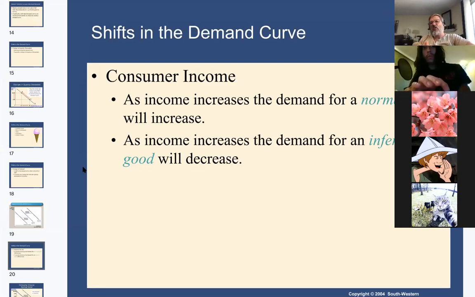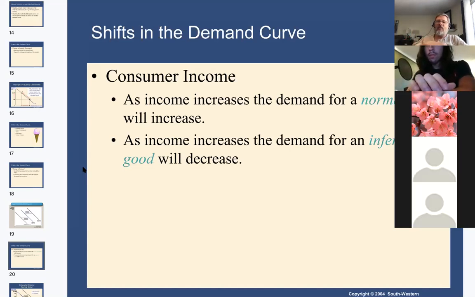We kind of hit it with the canned goods, but more generally, generic items are less desirable than the name brand. When income is down, people tend to buy more of the generic goods, and when income increases, they switch back to the name brands.